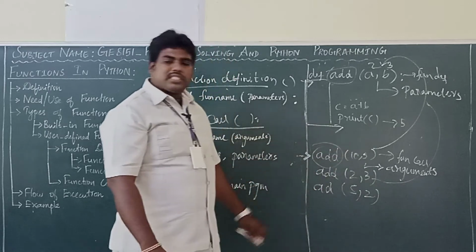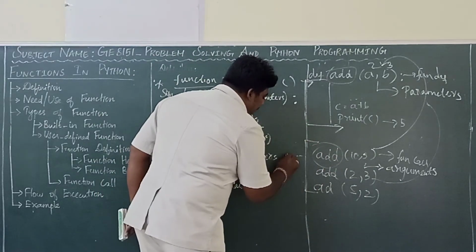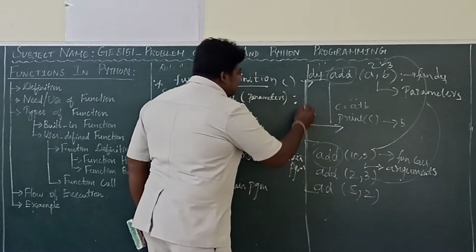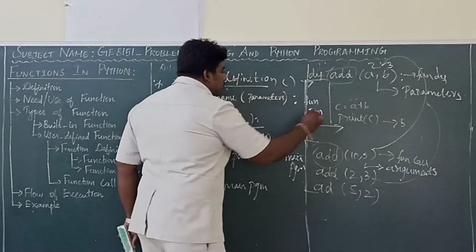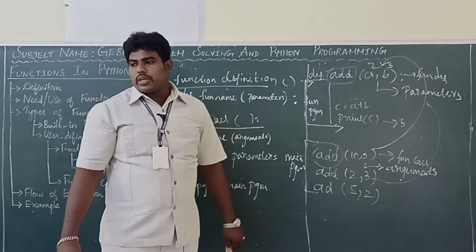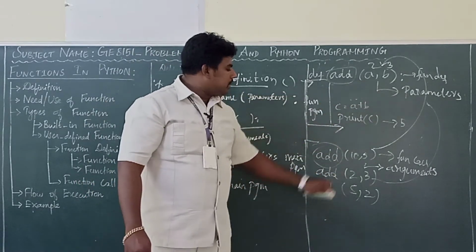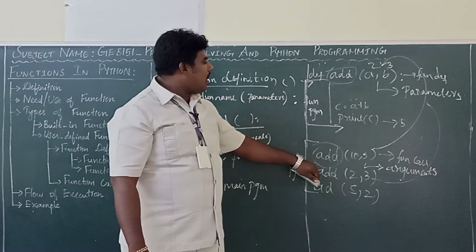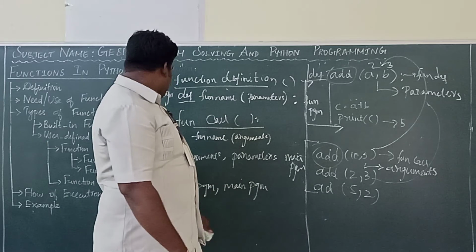So the indentation changed and this is the main program. This is the main program and this is the function program. Once you identify the parameters, the arguments, function definition and function call, we can write the function program.